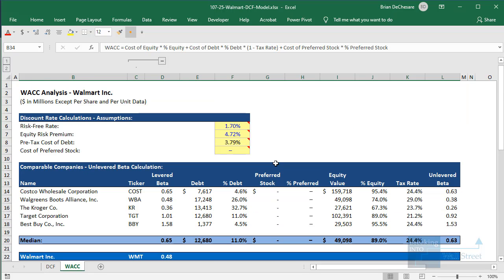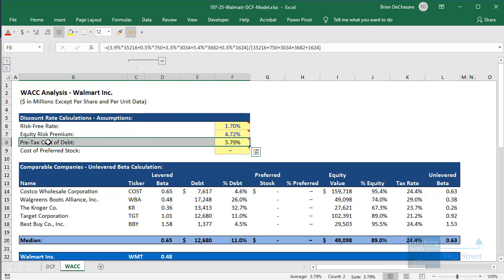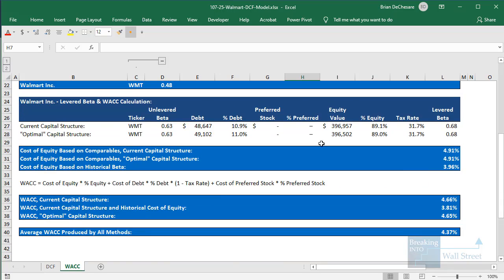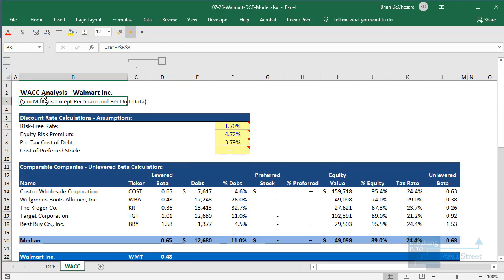Or you could do something much simpler, as I showed you, and just estimate the cost of debt from the company's filings, take the equity risk premium and the risk-free rate from recent data, and just look up the company's beta on sources like Yahoo Finance, and you can estimate it like that. The risk-free rate plus the equity risk premium times levered beta, and you could make a very good estimate for cost of equity just from that without doing anything more complicated here, and then put together the pieces to get to the discount rate for the company.